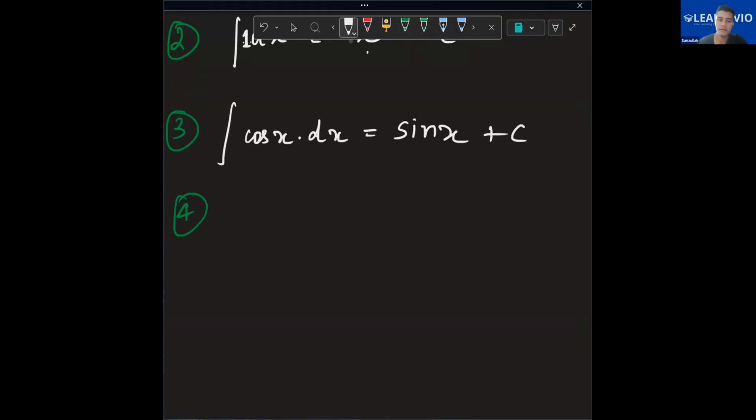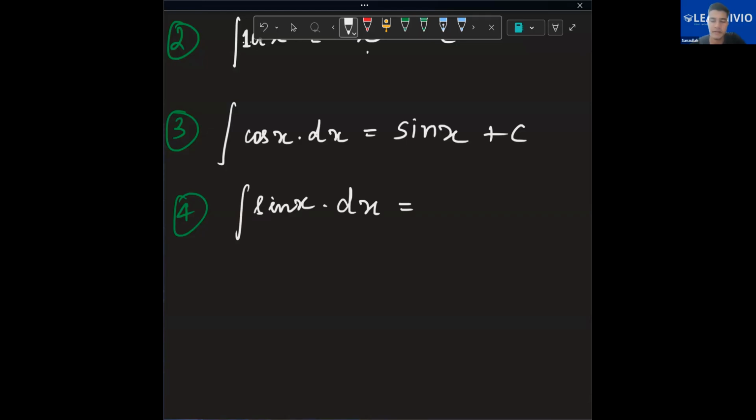For the fourth one, we have the integration of sin x dx. So, cos x का होता है.